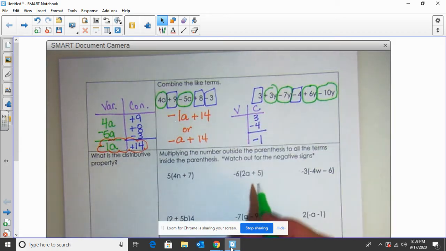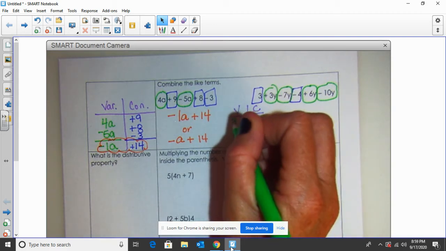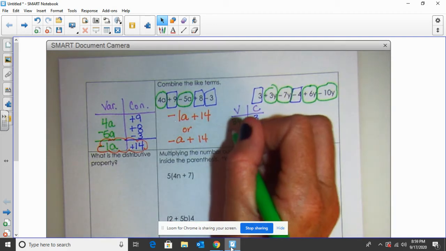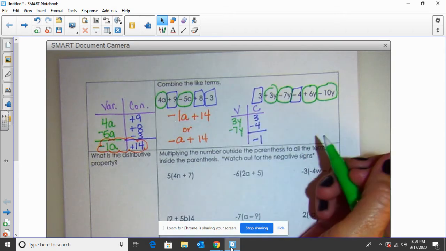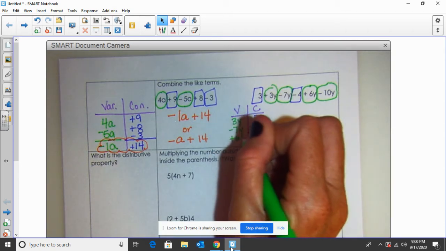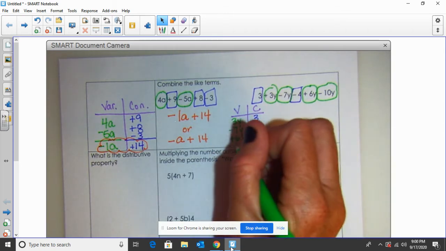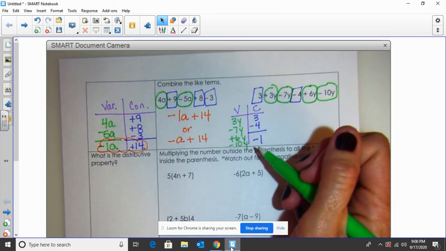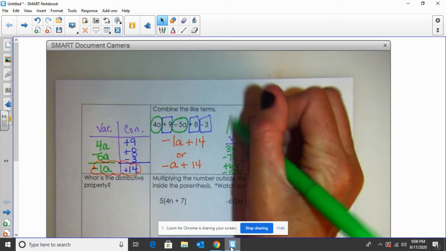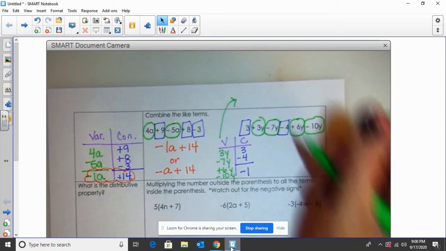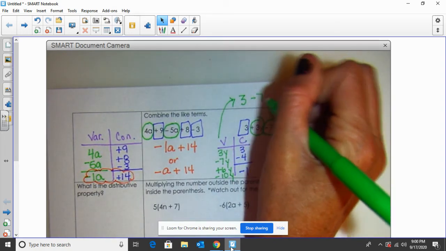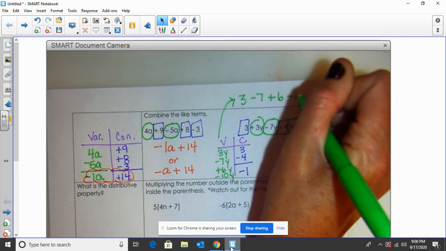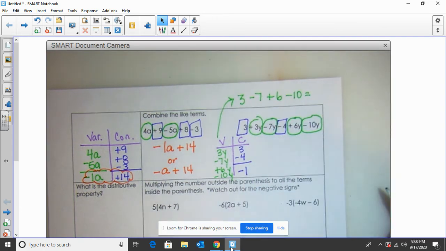Now let's put all of our variable terms together. I have a positive 3y, negative 7y, positive 6y, and negative 10y. So this one's a lot longer. So in your calculator, you can type this in as 3 minus 7 plus 6 minus 10.